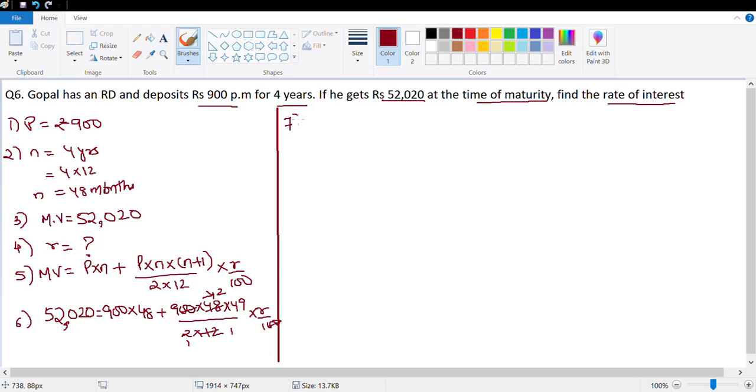What we have is 52,020 is equal to, now we need to calculate 48 into 900. So 8 into 9, 72. 9 into 4, 36 plus 7, 43.